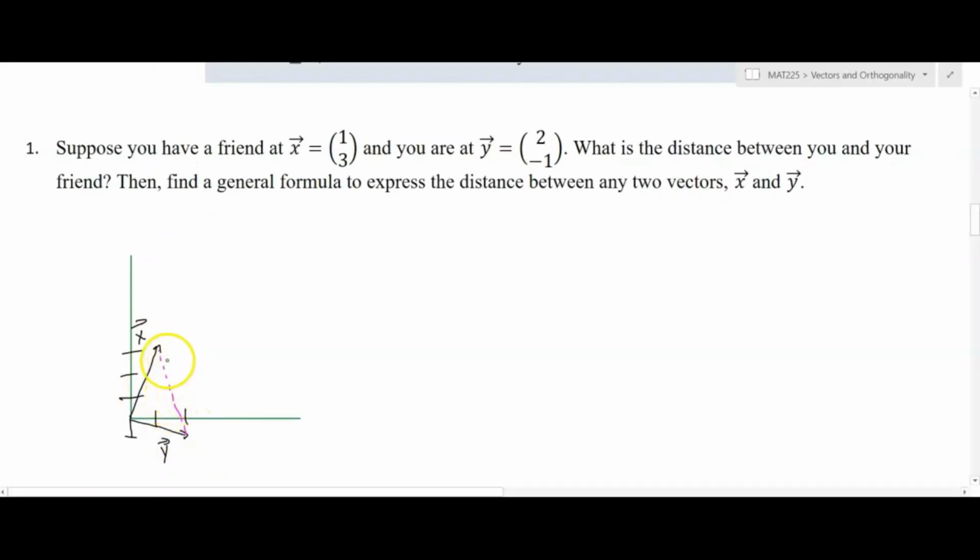This is really a right triangle where this unit right here is the difference between the x values. The x value goes from a 1 to a 2, so this would have to be a length of 1. And then the drop goes from 3 to -1 in the y direction. That's a drop of 4 units. And now we could use the Pythagorean theorem to do that.